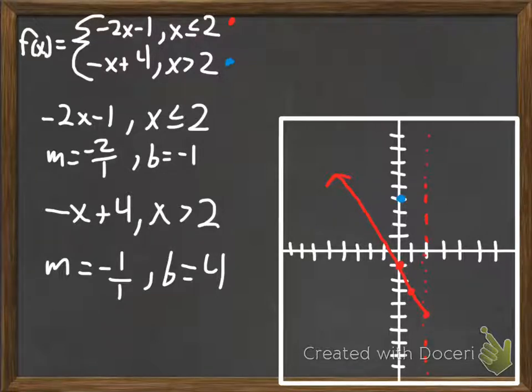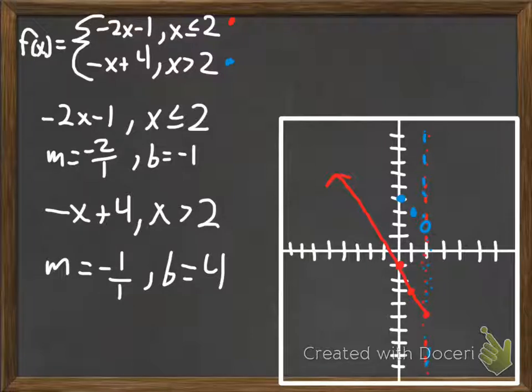Then we're going to go down 1, right 1. So down 1, right 1, down 1, right 1. And here, it's going to need to be an open dot because we're at 2 again, and 2 is where we're stopping. So it needs to be an open dot there.